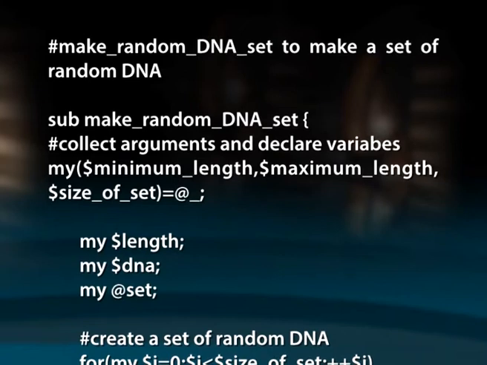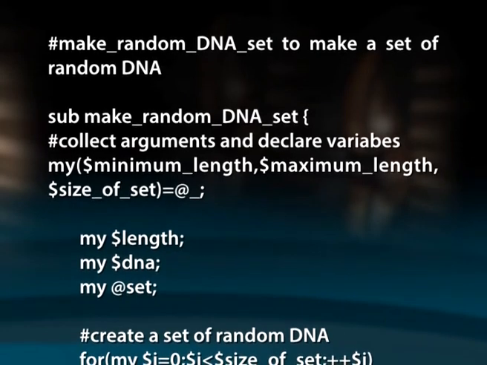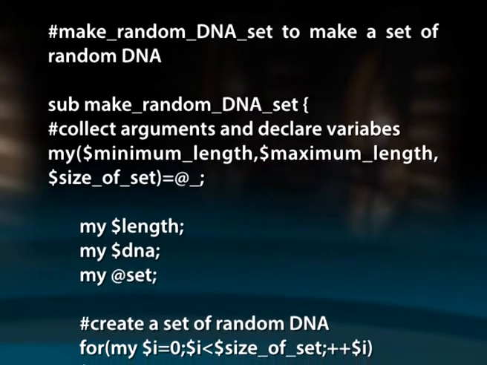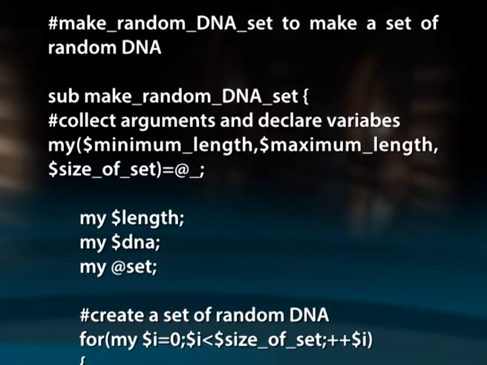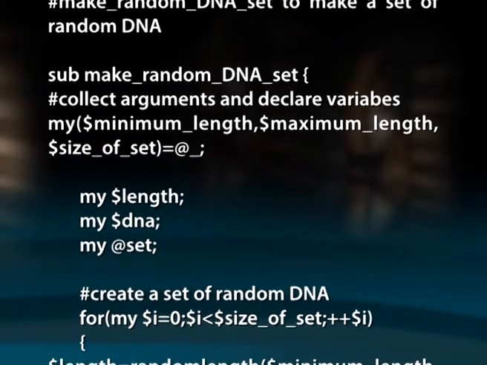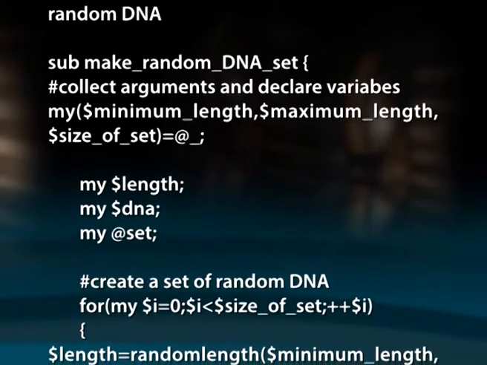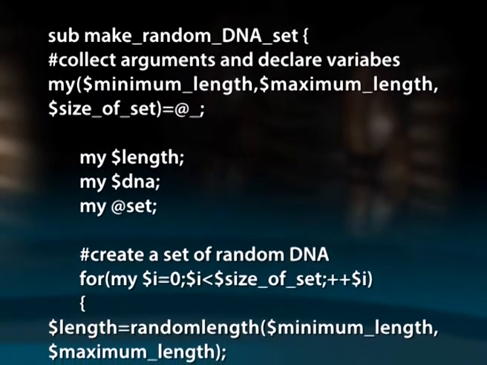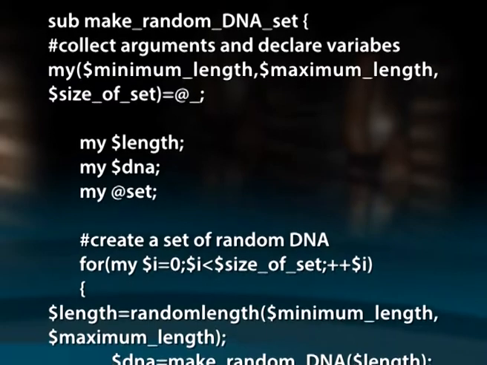The make_random_DNA_set subroutine is used to make a set of random DNA. Sub make_random_DNA_set. First we have to collect arguments and declare variables. My $minimum_length, $maximum_length and $size_of_set are initialized from the array. My $length, my $DNA and the array @set are the other variables. Create a set of random DNA.